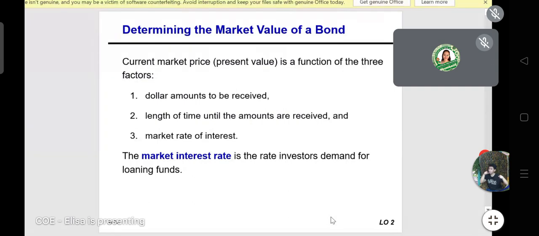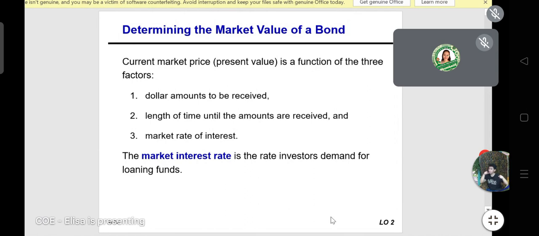Dili na lang nato na siya i-discuss, but what we would like to emphasize here is that the current market price or the present value will somehow have three factors.